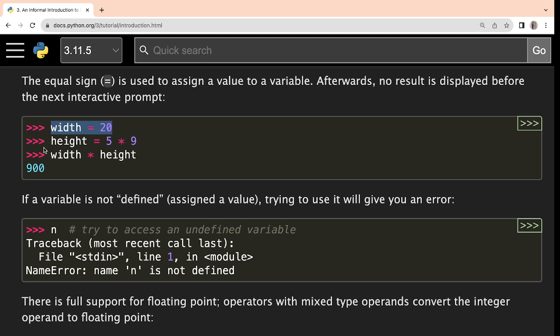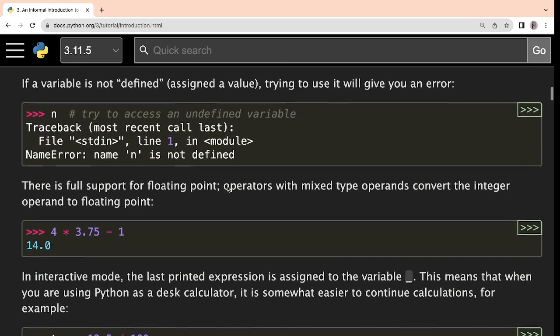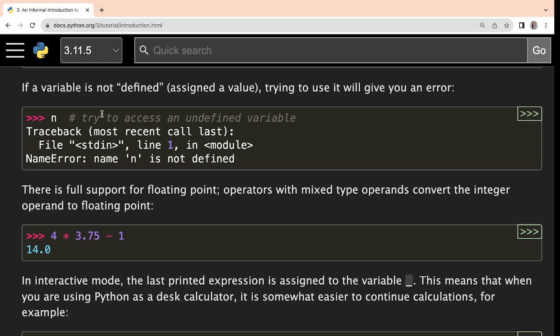It will just prompt the next input. After that, you can write some other line. Now here, since you're doing some kind of calculation with width into height, that is why the output is coming. So I hope you got it.